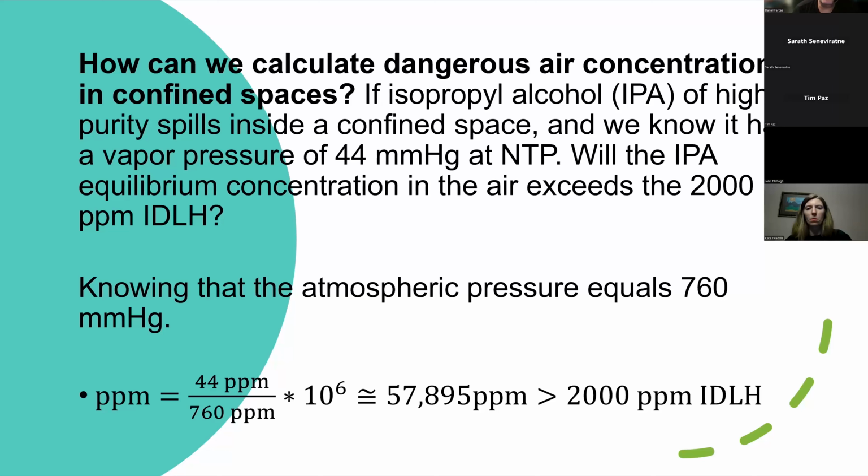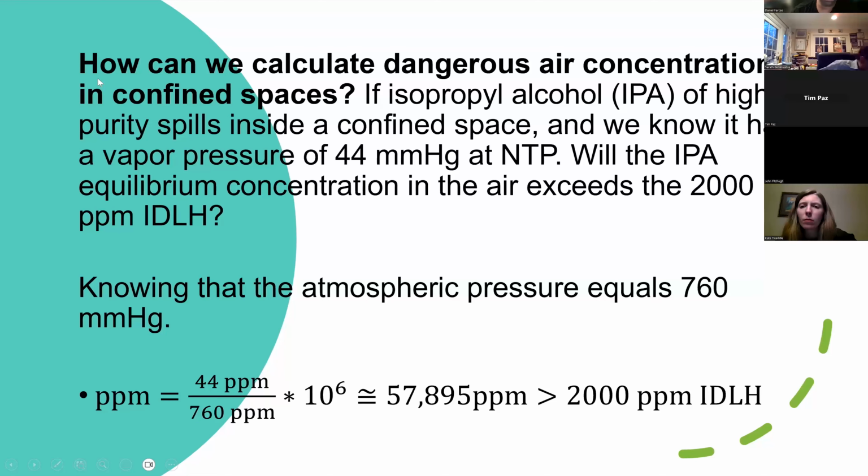If isopropyl alcohol of high purity spills inside a confined space, and we know it has a vapor pressure of 44 millimeters of mercury at normal temperature and pressure, will the isopropyl alcohol equilibrium concentration in the air exceed 2000 parts per million, which is the immediately dangerous to life and health level?